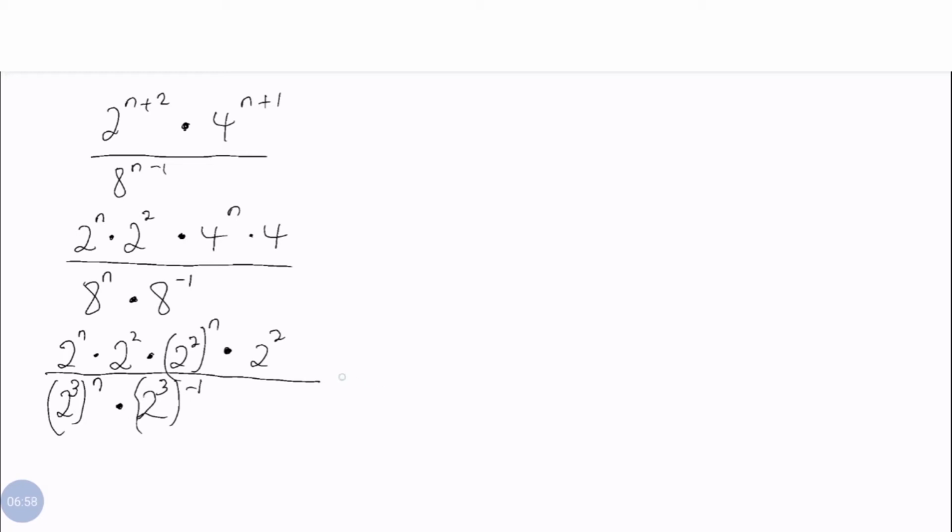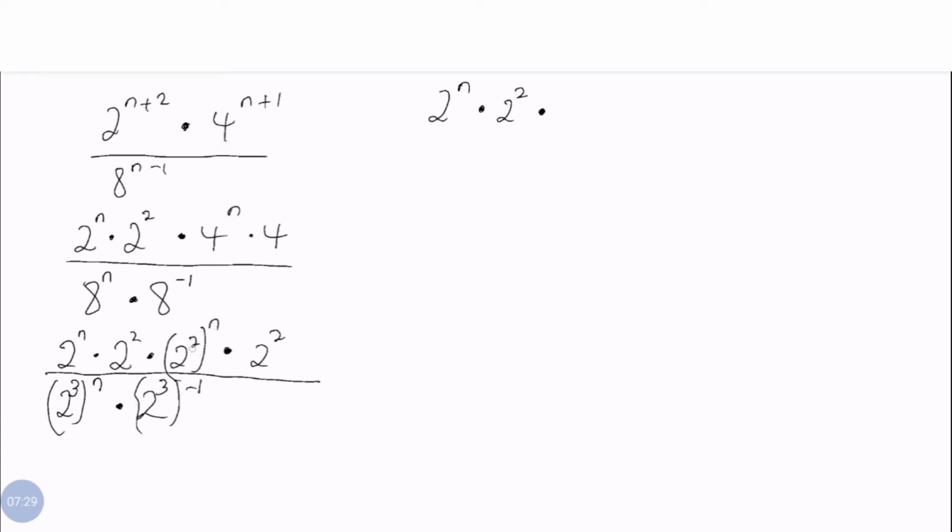So now let us continue simplifying this. We'll take it to the other side. So we have 2 to the power n here, 2 to the power n, and 2 to the power 2. We multiply to the power 2. Now we have this. Let's just put our multiplication sign here. So now we have 2 to the power 2 to the power n.